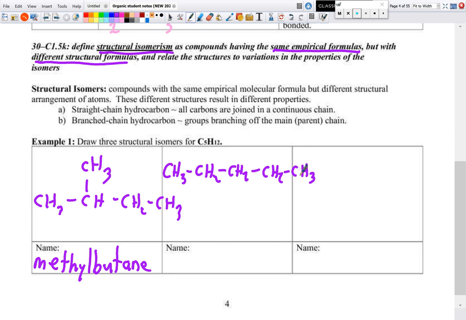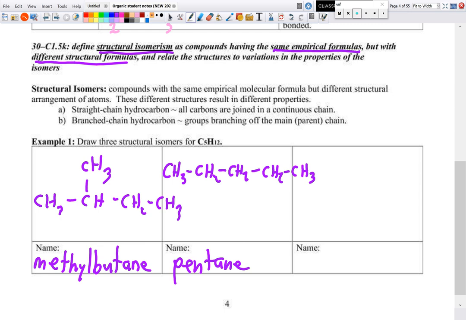If I drew this one, this is an isomer because if you count the carbons, I have 1, 2, 3, 4, 5. The hydrogens, 3 and 2 is 5, and 2 is 7, 2 is 9, and another 3 is 12. I'm still C5H12. Just like here, I'm still C5H12. But we can tell it has a different structure. And if it's a different structure, it'll have a different name. Which it will. Once again, don't worry about the name. We'll get to that in a bit.